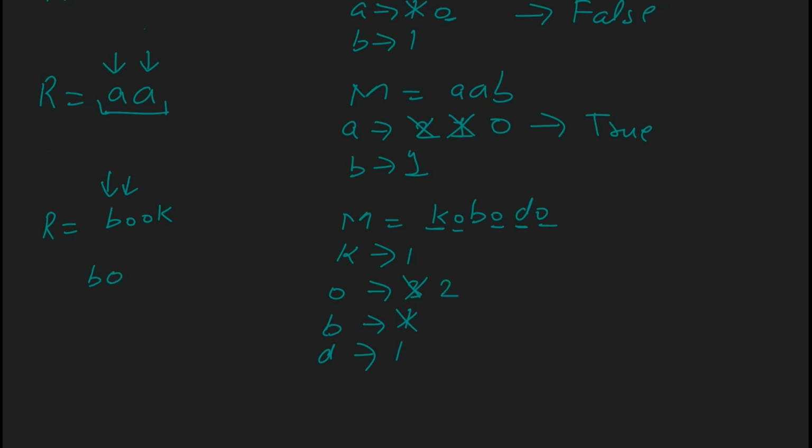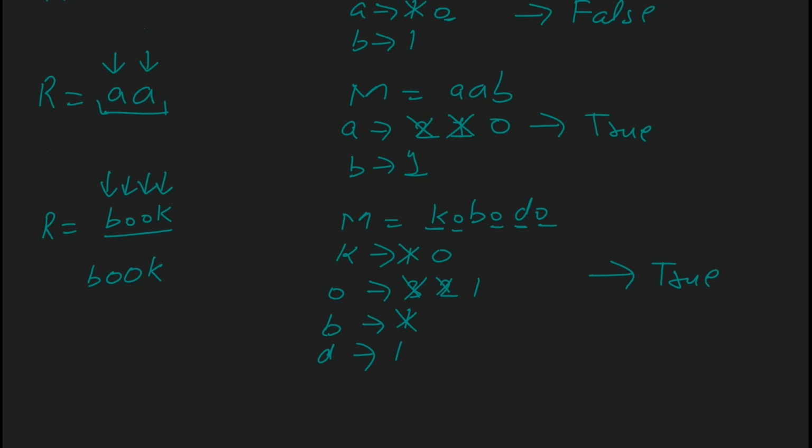Now we create our third character, which is again O. Is O available? Yes. How many are there? 2. So we take one out of it and what is left will be 1 only. Next we go on to the next character, that is K. Is there any K? Yes, K is there, so the number of K left will be 0 and we are able to create it. Now we have finished creating our ransom note. So yes, it is possible to create a ransom note book from the magazine KOPODO. So we will return true.